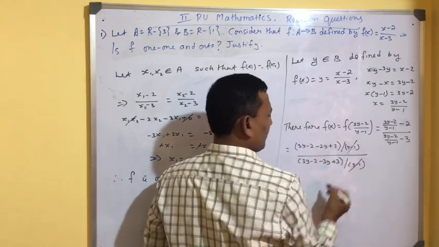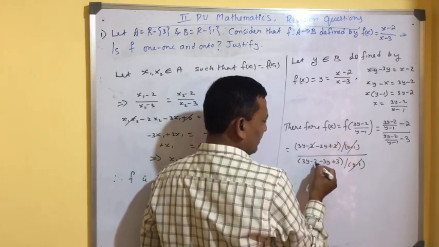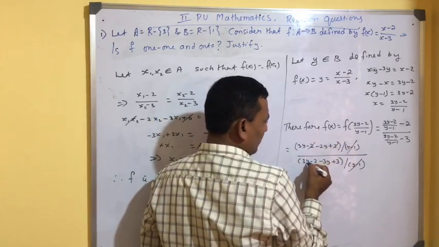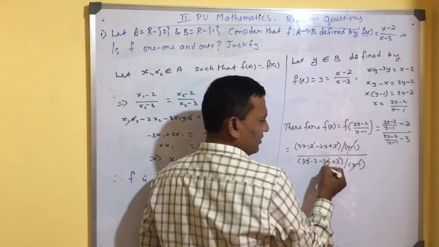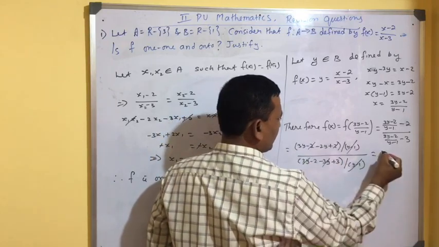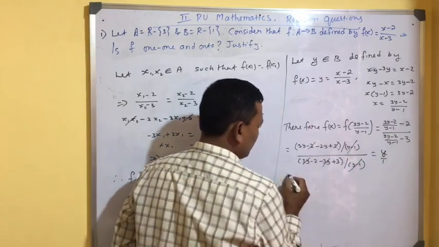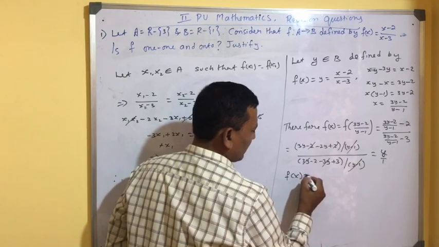Now this y minus 1 cancels. Now you can see here, minus 2 plus 2 cancels. Plus 3y minus 3y cancels. You will get here 3y minus 2y is y, and minus 2 plus 3 is 1. So this means we got f of x is equal to y.